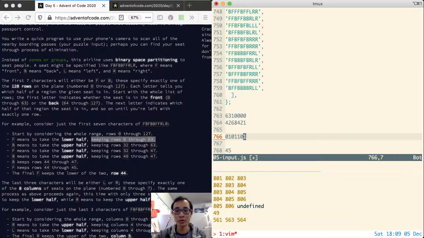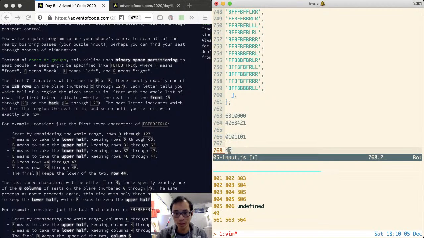I'm not going to be able to explain it any better. Anyway, if you don't know binary, you're going to need to look it up yourself. But since it says F, the first letter means deciding whether you're taking rows 0 to 63 or rows 64 to 127. That means F in the first column means add 0, and B in the first column means add 64, which means it's a binary number with this digit being 0 if it's F or 1 if it's B. If you read through the example, that's exactly what it is doing for the entire number.